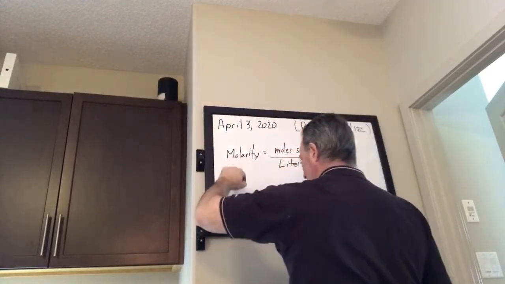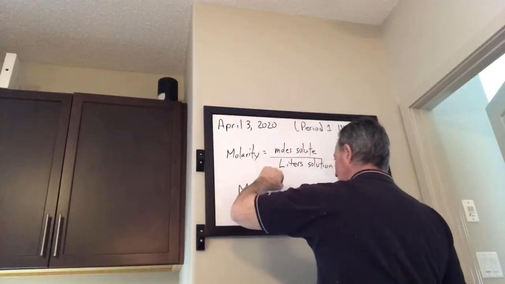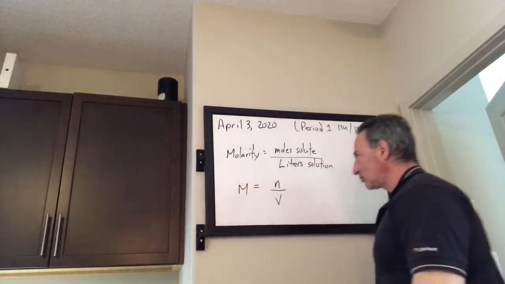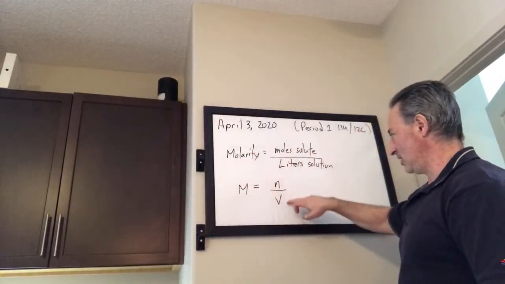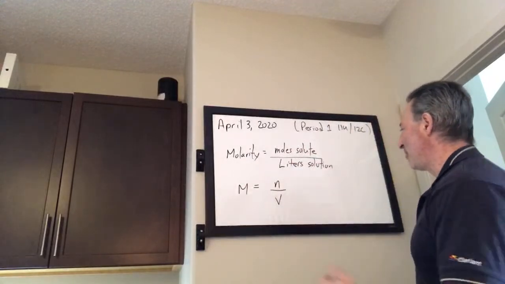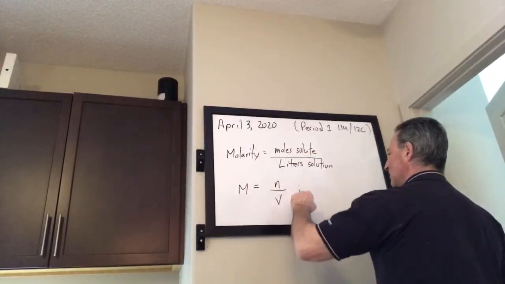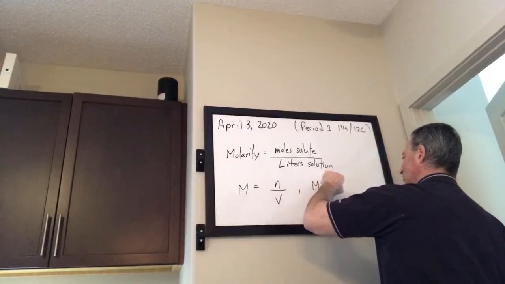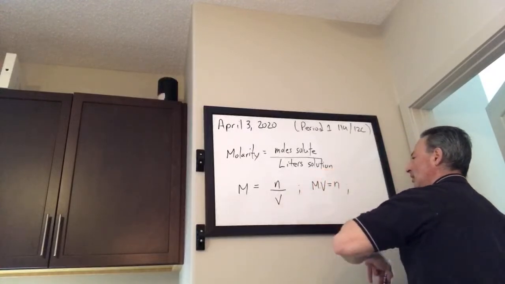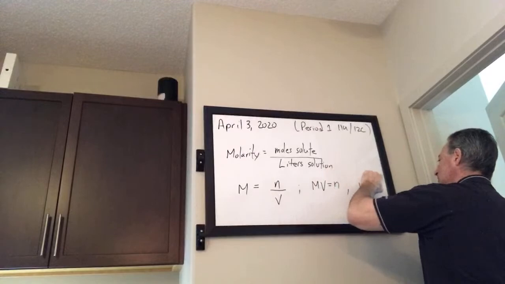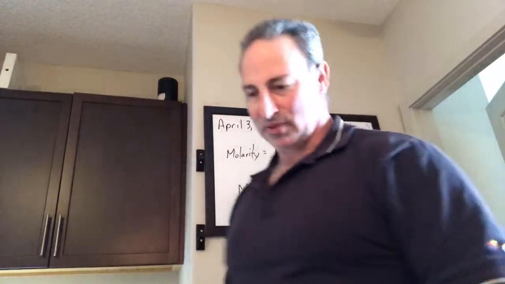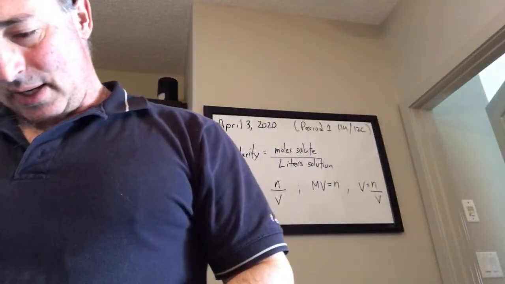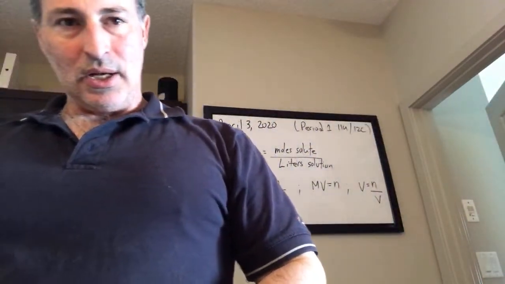Or you can say big M equals n over V, where molarity is M, moles of solute is n, and the V is liters of the solution. Remember, you can use your math skills to rearrange the equation to give you the following as well. So you can transpose those variables around to give you all the different combinations that are useful to your calculations.